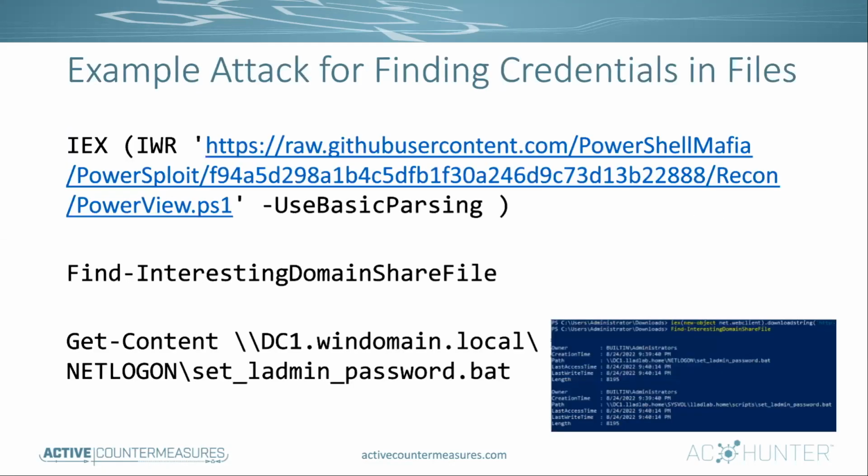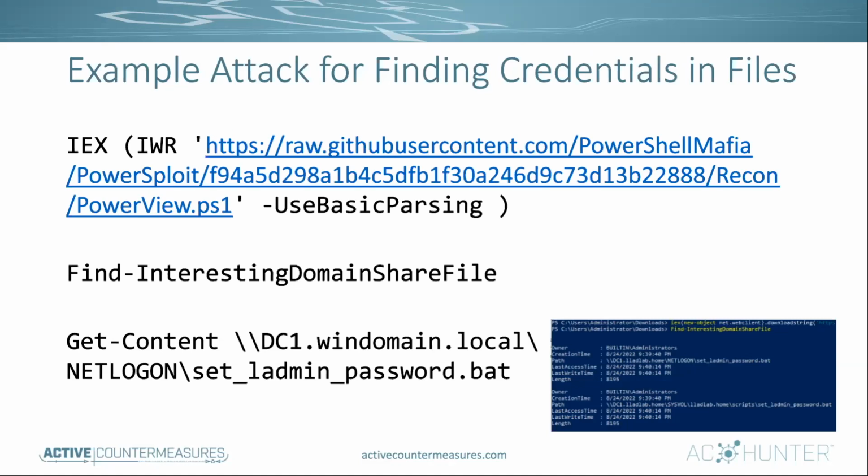Now we need an example of an attack that would trigger this auditing. So what we can use here again is PowerView. We're going to run the command Find-InterestingDomainShareFile. This is going to look at all of the file shares that we have access to, and then it's going to search through those file shares for anything that contains certain keywords in the names.